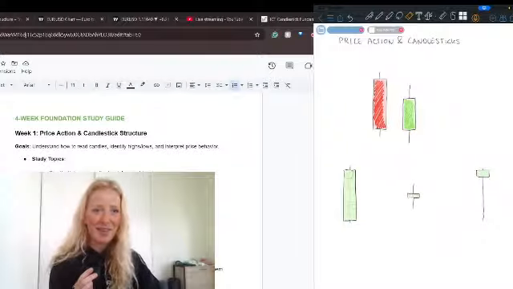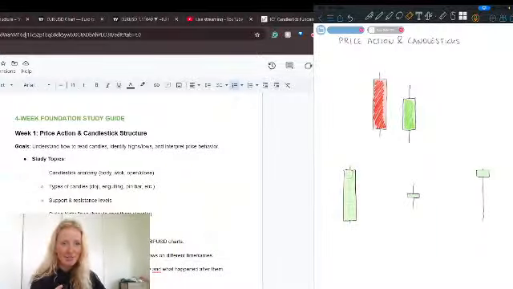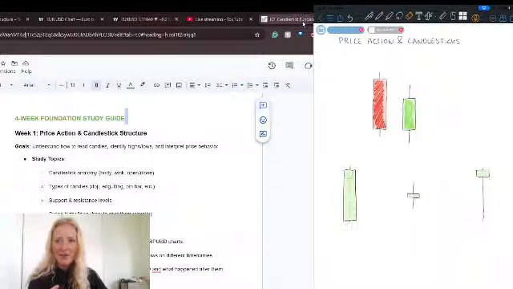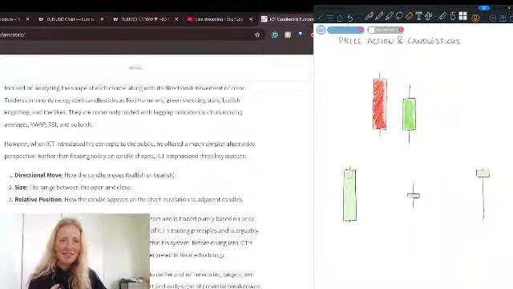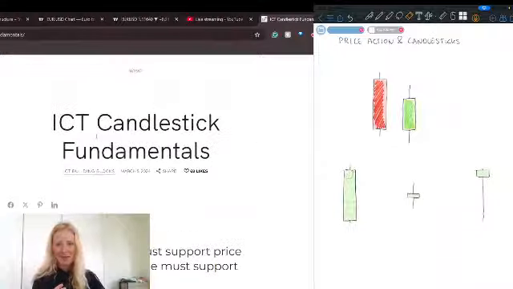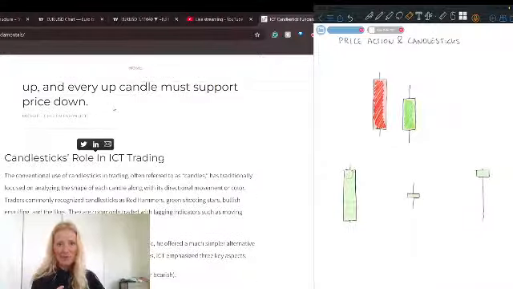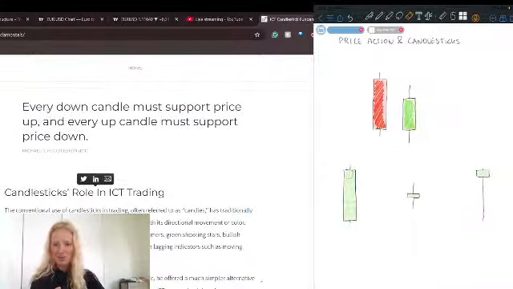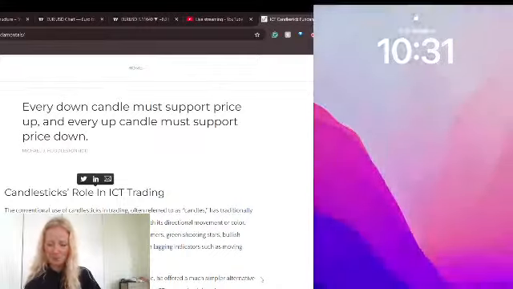And we're going to learn and study. So I'm just going to make myself a little bit smaller. So I found this, the ICT Trader, Candlestick Fundamentals. And before that, I just want to finish my notes.